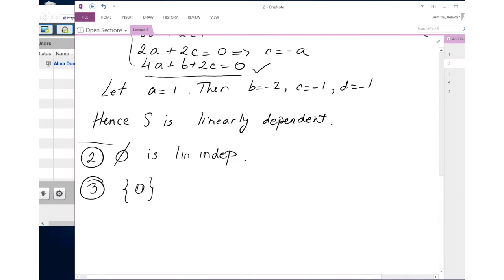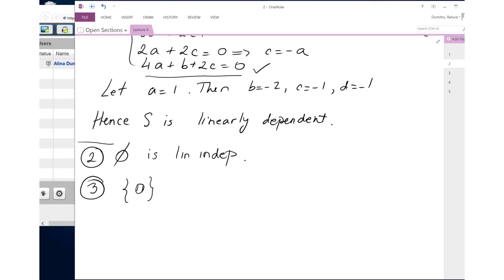How is this set? Dependent or independent? Didn't hear you. Yeah.